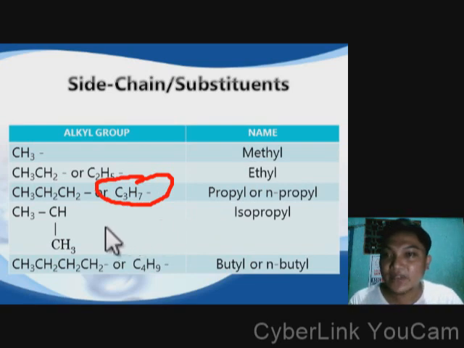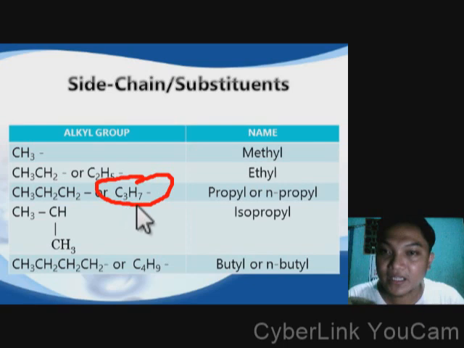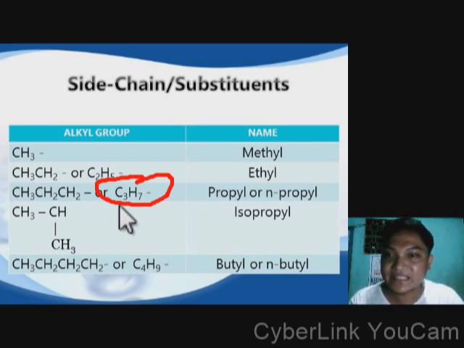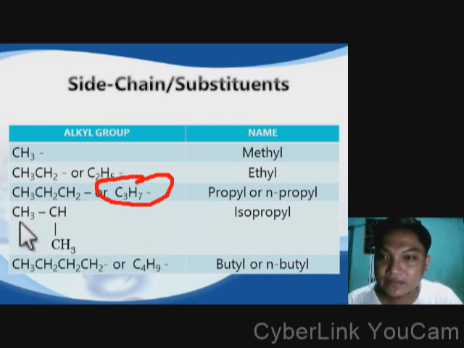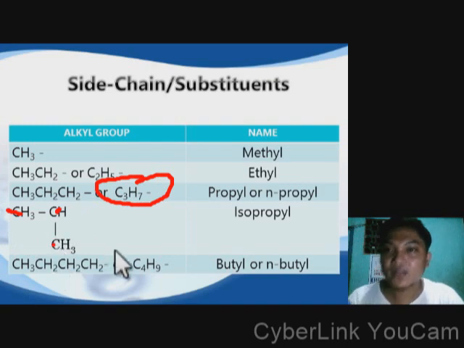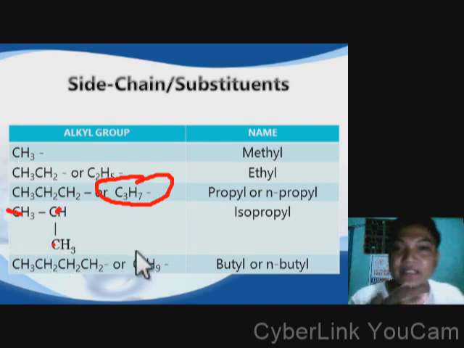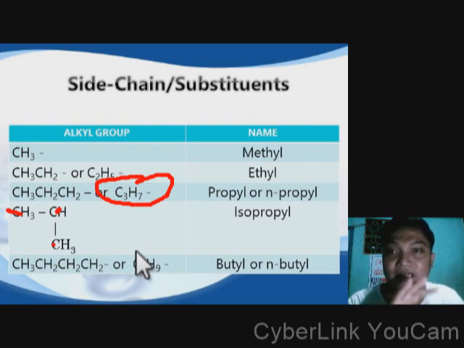Isopropyl has the same molecular formula as propyl. Look, C3H7. In isopropyl, how many carbons? One, two, then three. Okay, three carbons also.